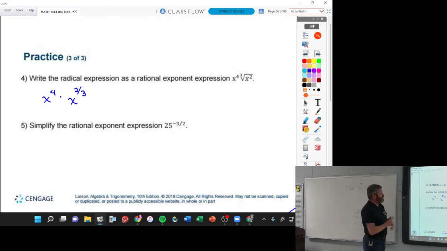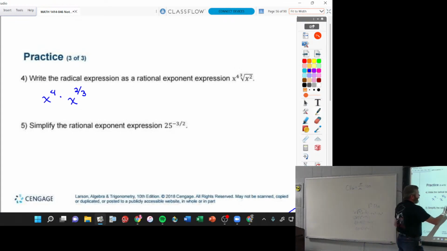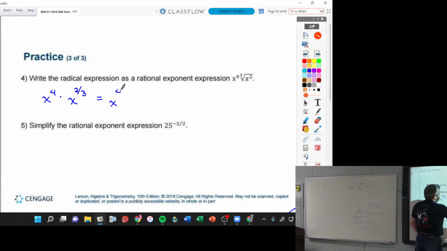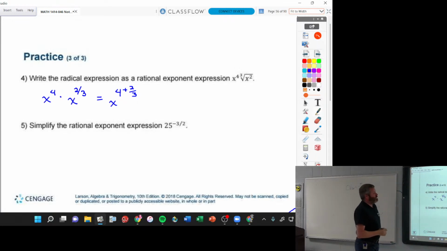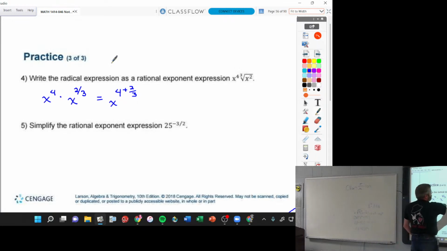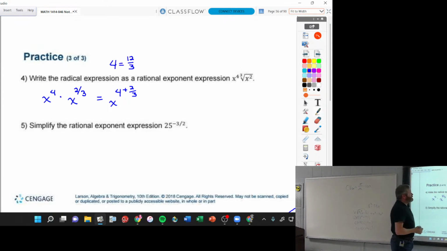So I have an x to the 4th multiplied by x to the 2/3. My bases are now the same, so I can add those exponents together.